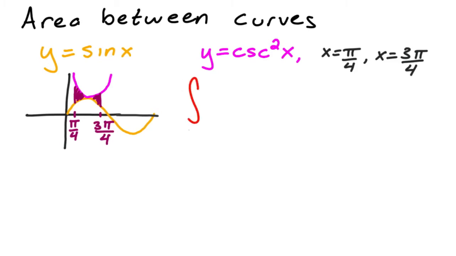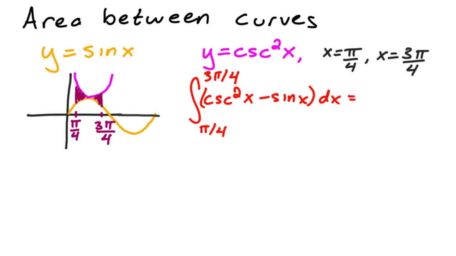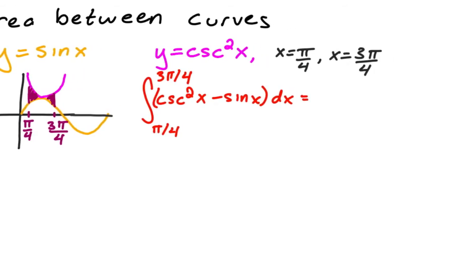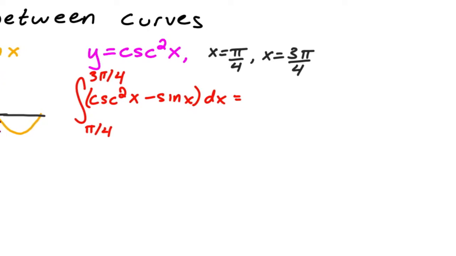I just need to set up the integral, and I'll go from pi over 4 to 3 pi over 4. And top minus bottom, so it's going to be cosecant squared x minus sine of x dx. Okay, and so then I just need to find this integral.